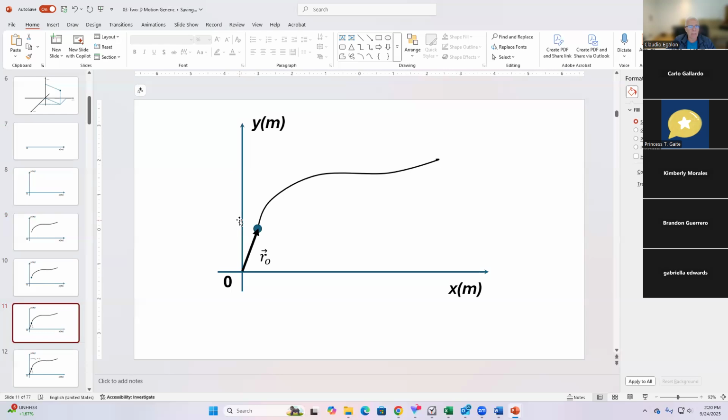Just making my slides look better. We can illustrate the initial position vector.